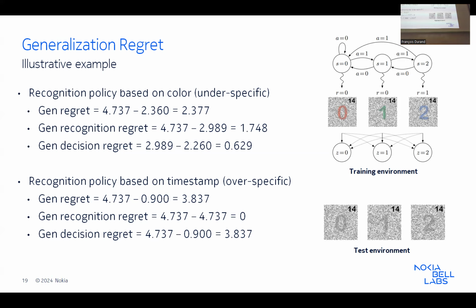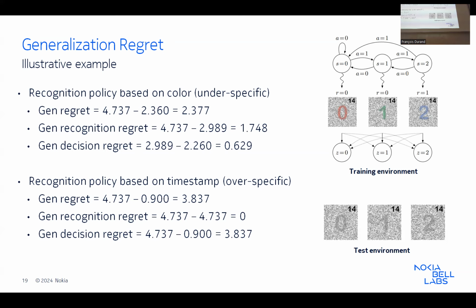So if our recognition policy is based on the timestamp, then we get things the other way around. Recognition regret is 0 in this case, because even if you modify the starting point, recognizing the timestamp would always be sufficient to solve the problem. But because the training was just working on one particular example, it will typically give the wrong decisions. And so you end up with a high decision regret.